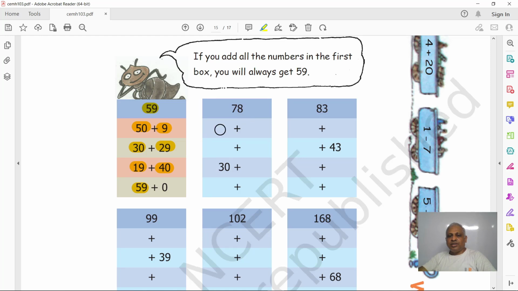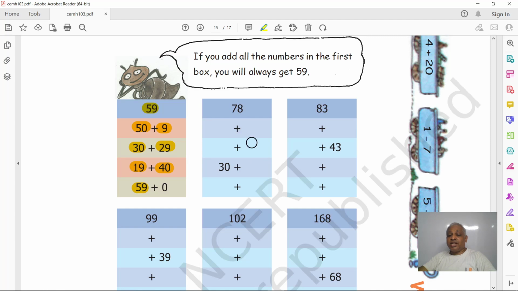78. You can try different combinations here. 78. You can write 70 plus 8. 60 plus 18. 30. If you subtract 30 from 78, how much will be left? 48. 30 plus 48 will be 78.